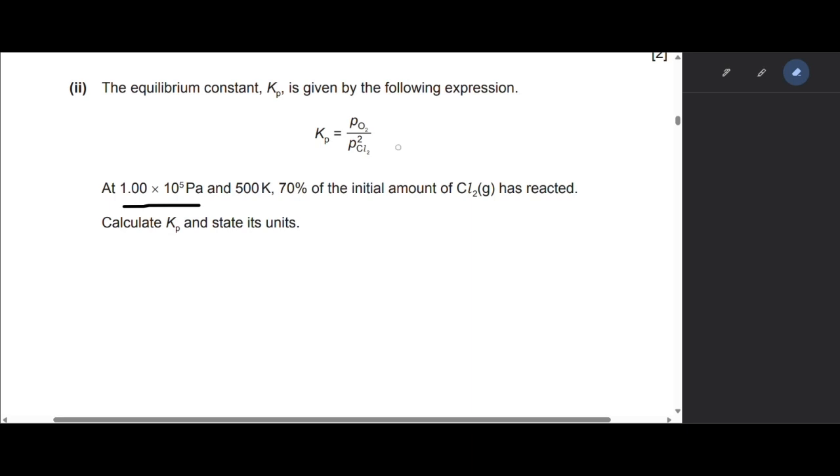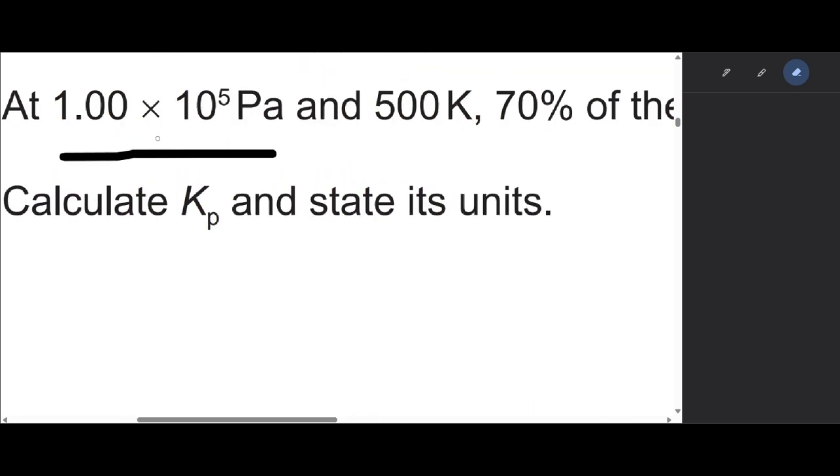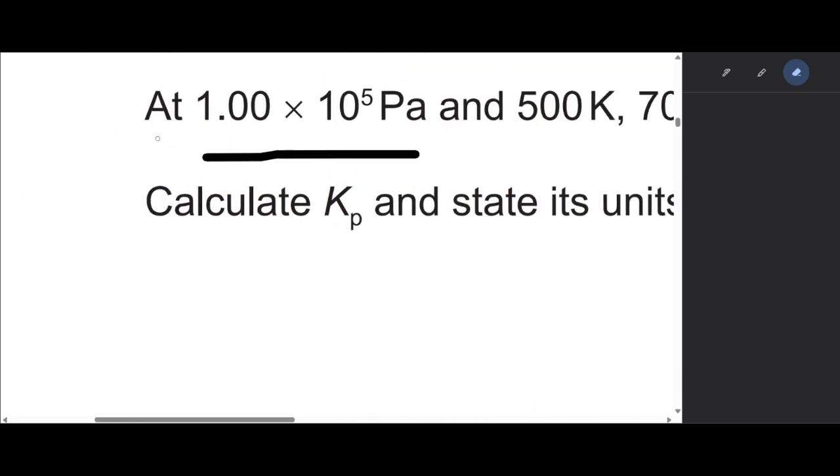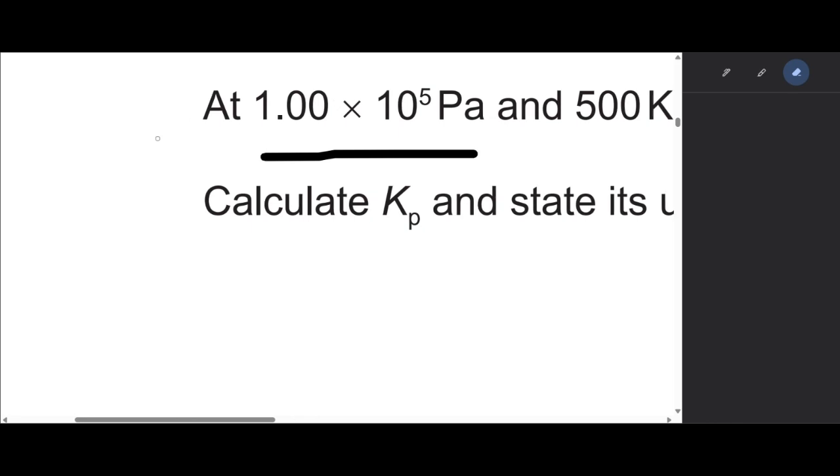The next question, the equilibrium constant Kp is given by the following expression. This is the formula we get, and also at 1.00 times 10 to the power of 5 Pa, this is the total pressure. So we have to know what is the pressure of O2 and pressure of Cl2.